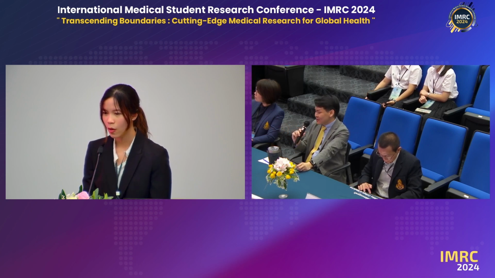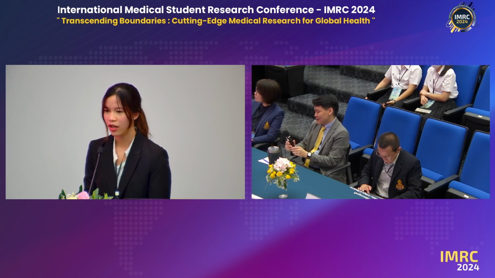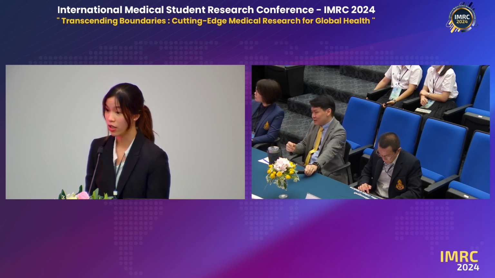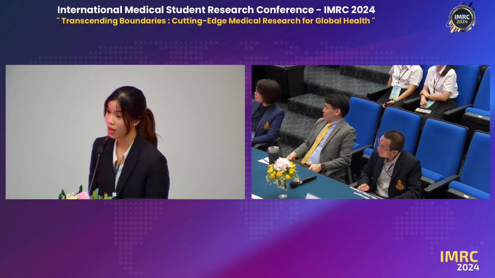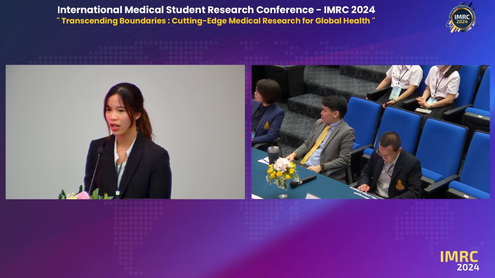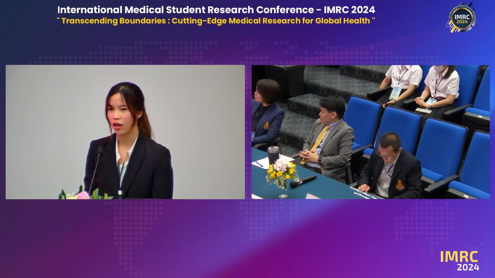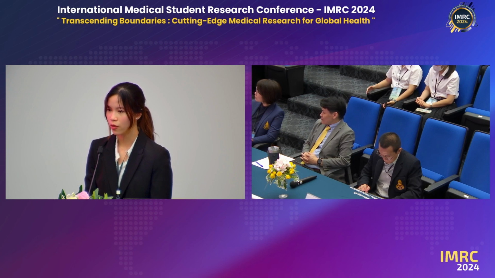Yes, so we can adapt by changing the cell condition. For example, if you want to study hypertension in the brain, we can culture cells by inducing hypertension into the cells and compare with the healthy ones, and you can see the effect of the shear stress on the cells.